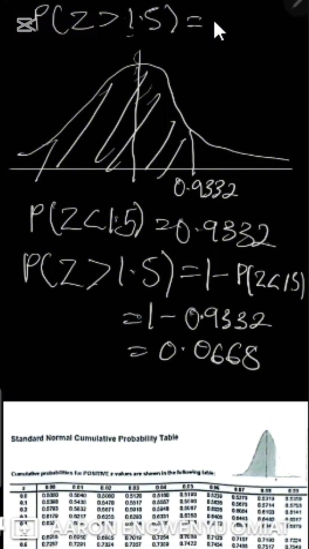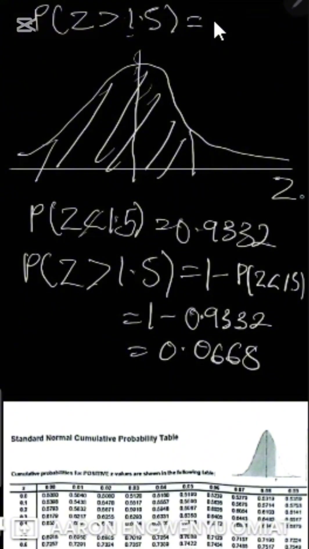So what Nico has shown us down here is correct. If they ask for more than, it's 1 minus less. Remember these symbols. This is less than, this is greater than. And here, correction, Nico. This point shows the Z values.